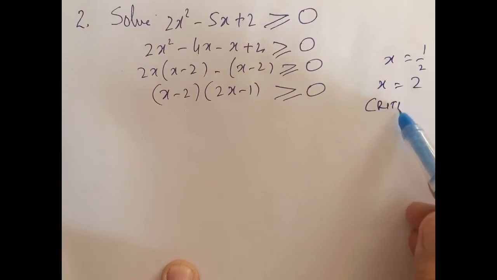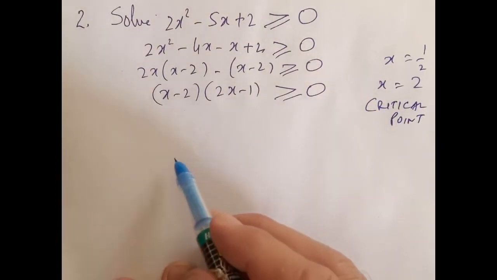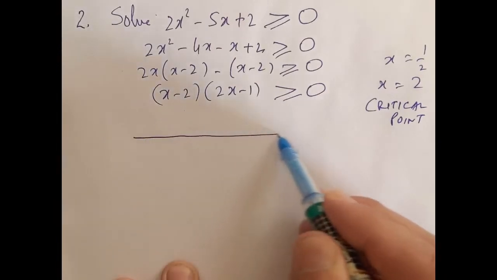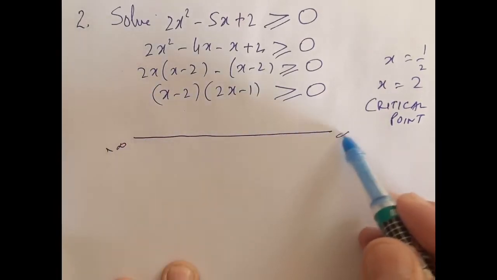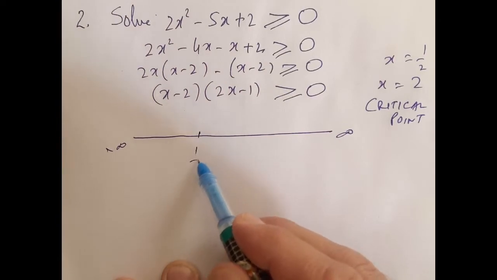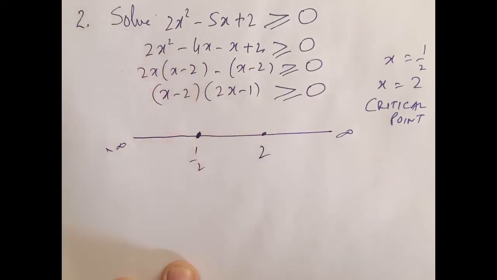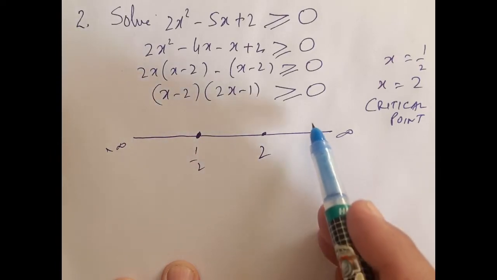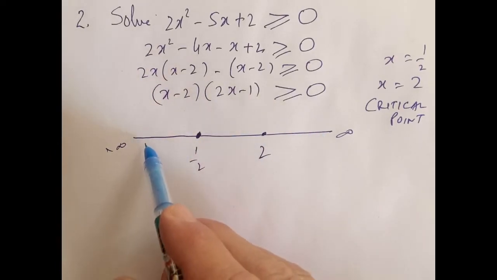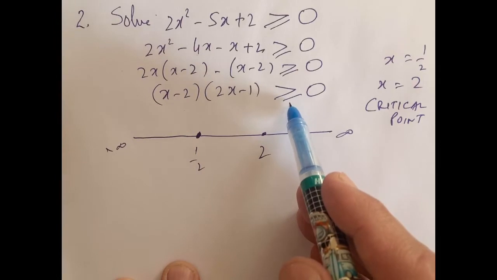So these are the two critical points. We will show the critical points on the number line. So minus infinity to plus infinity, we have 1 by 2 and we have 2. So the number line gets divided into three parts, and we need positive sign.